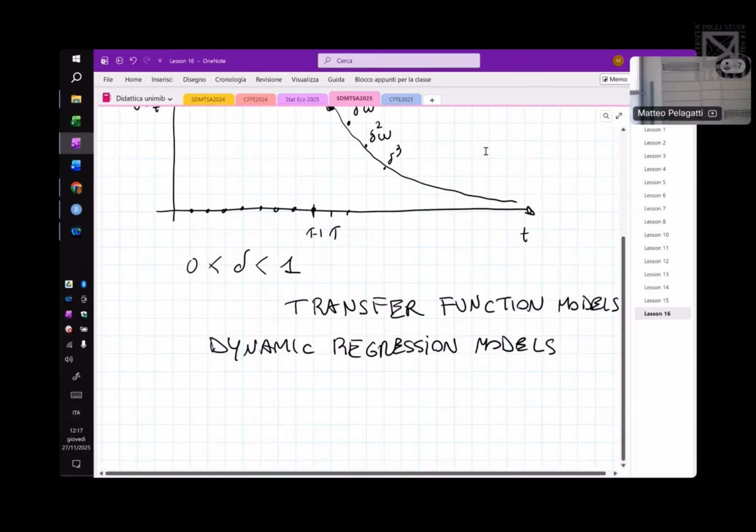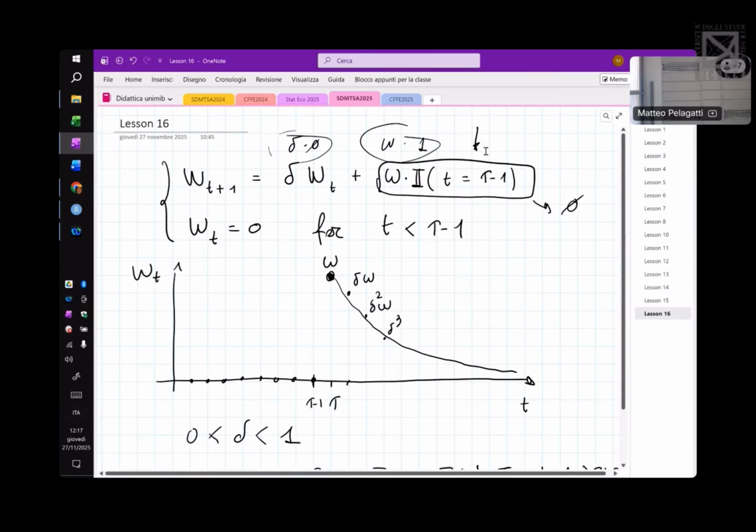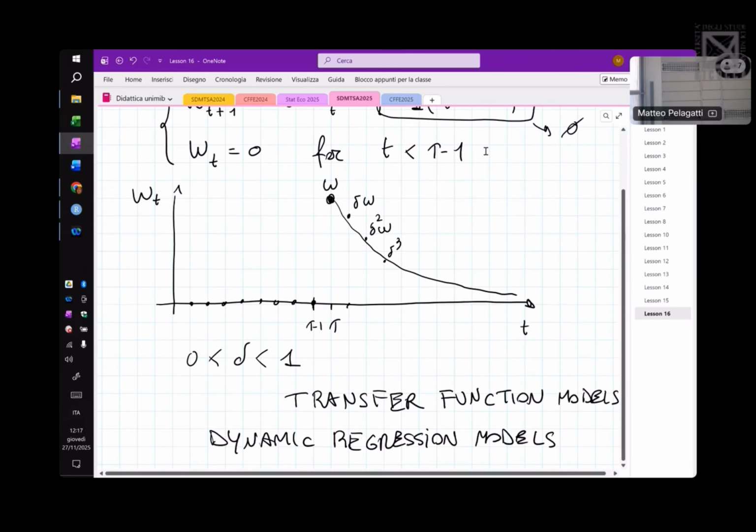And why dynamic regression? Because it's just like a regression, but the effect of your regressor is not static. It's not only at time t that your regressor xt has an effect on yt, but also on yt plus 1, yt plus 2, yt plus 3. So that's why you can see it also as a dynamic regression.